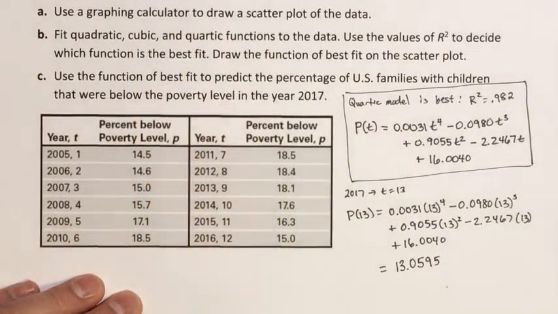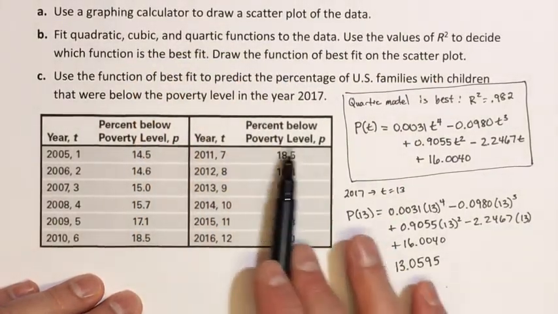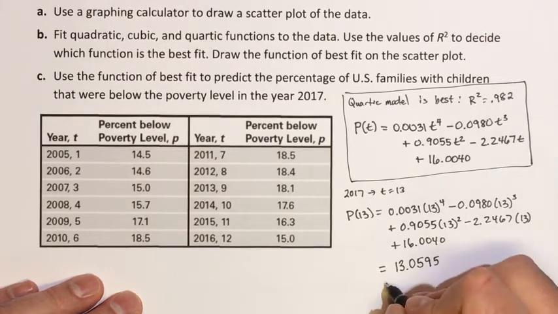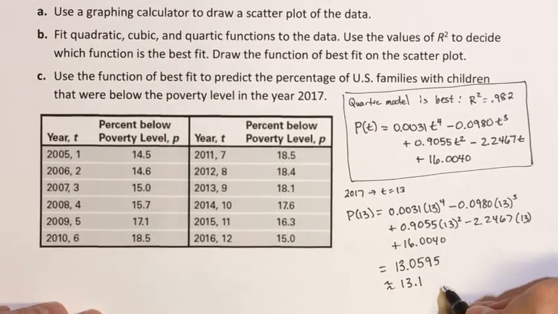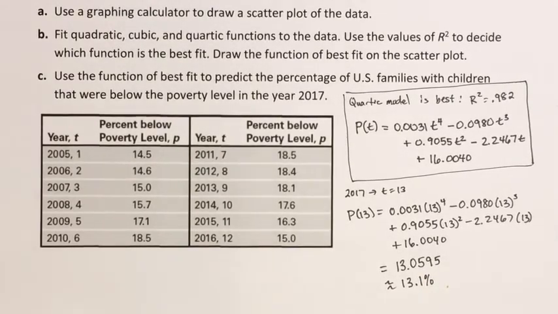If I round that to one place, which is where everything else has been rounded to in the data, that would be about 13.1. So about 13.1% of families with children were below the poverty level in the year 2017.